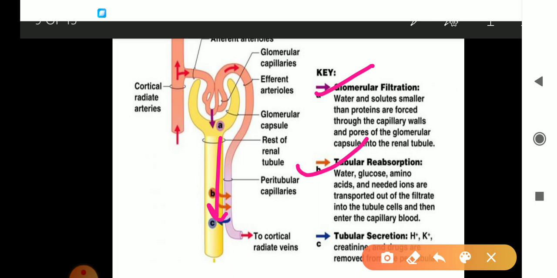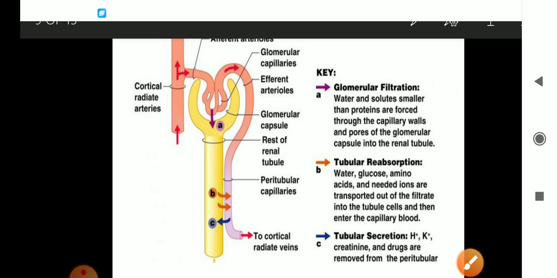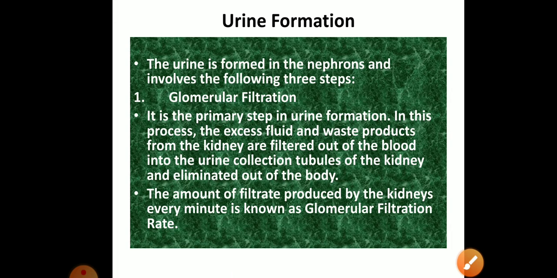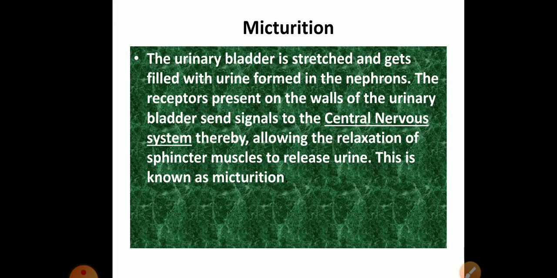Okay, now next is tubular secretion. Some hydrogen, potassium, creatinine, and drugs are removed from the peritubular vessels, right? Next topic is micturition. The urinary bladder gets filled with the urine formed in the nephron, and the receptors send signals to the nervous system that the bladder is filled.